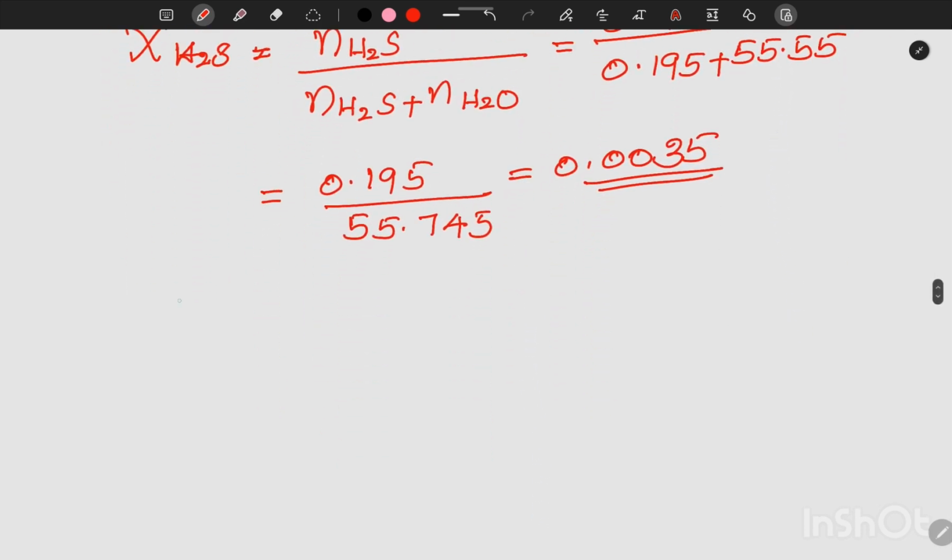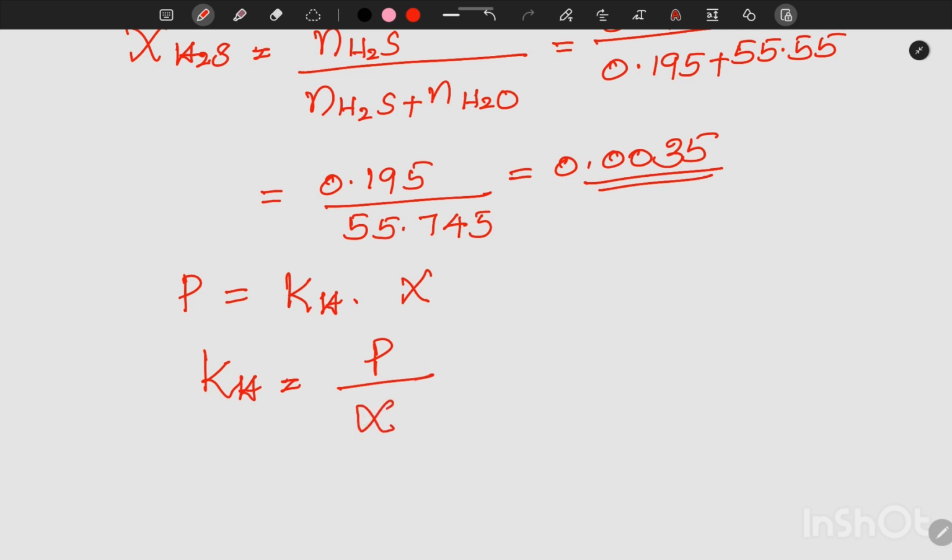Now, according to Henry's law, we know P is equal to Kh into chi. And the Henry's constant, for calculating Henry's constant, we can write P by chi.